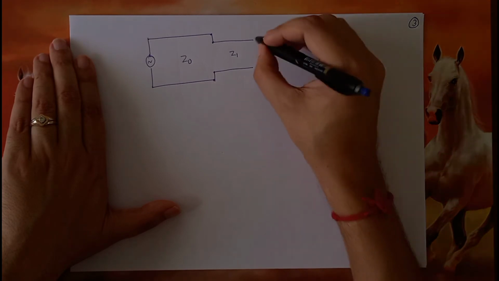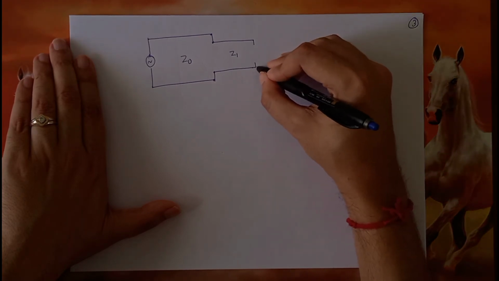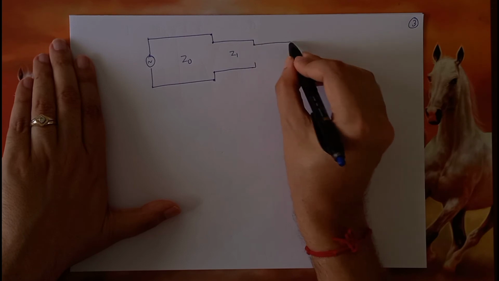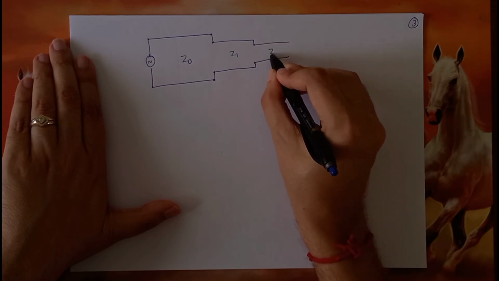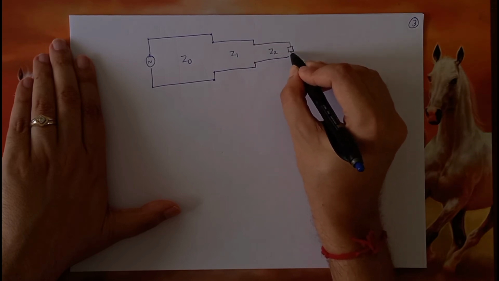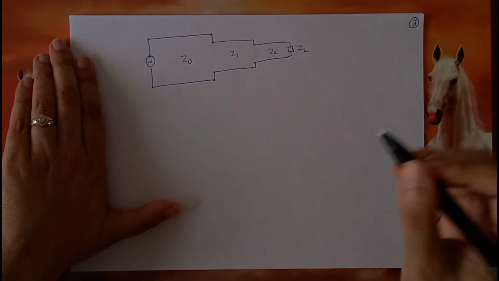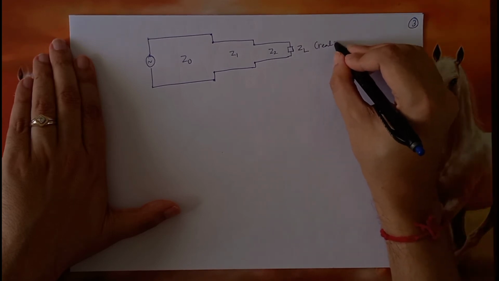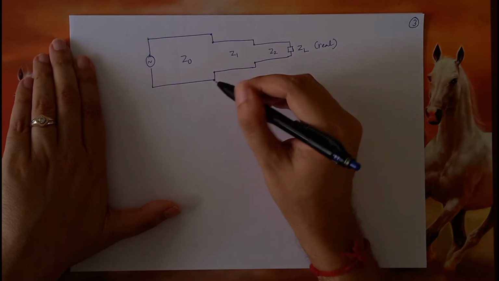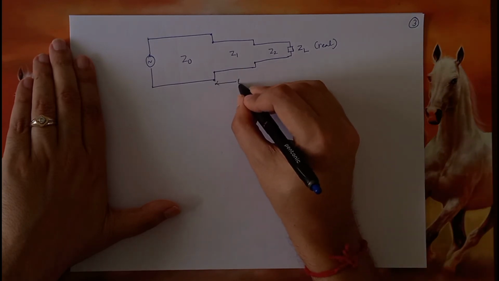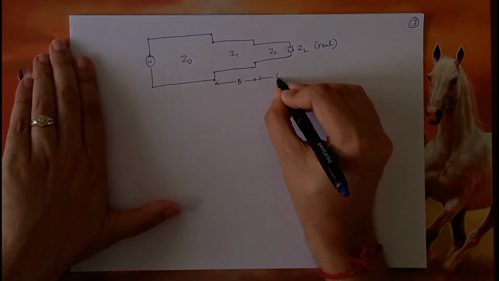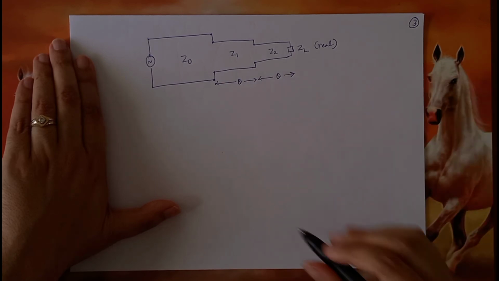But let us put another transmission line of impedance Z2 and then connect the load to it, ZL, which again is real. But the criteria is that the electrical lengths of Z1 and Z2 are still theta.